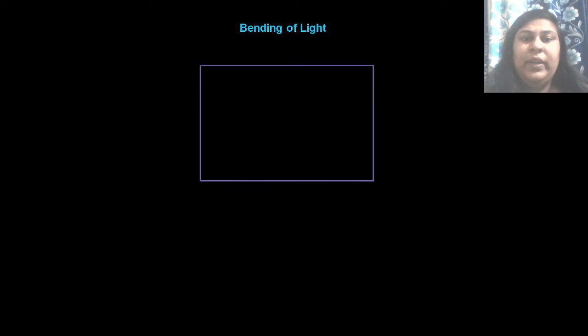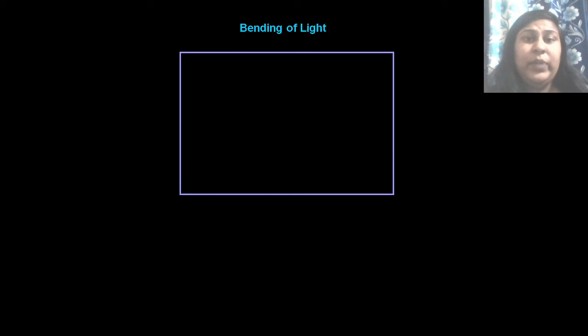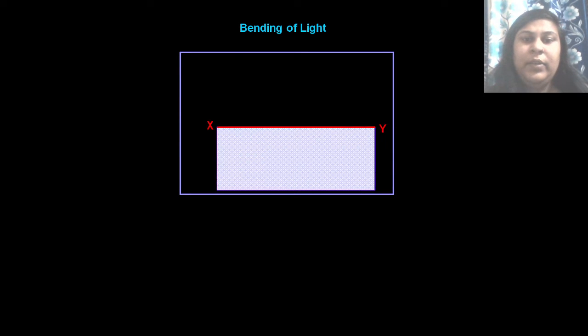Now I am going to explain the bending of light with an example. You can see here, this is a plane surface of any denser medium. In the rare medium the speed of light is c and the refractive index is mu1; in the denser medium the speed of light is v and the refractive index is mu2. I will explain the refractive index further.